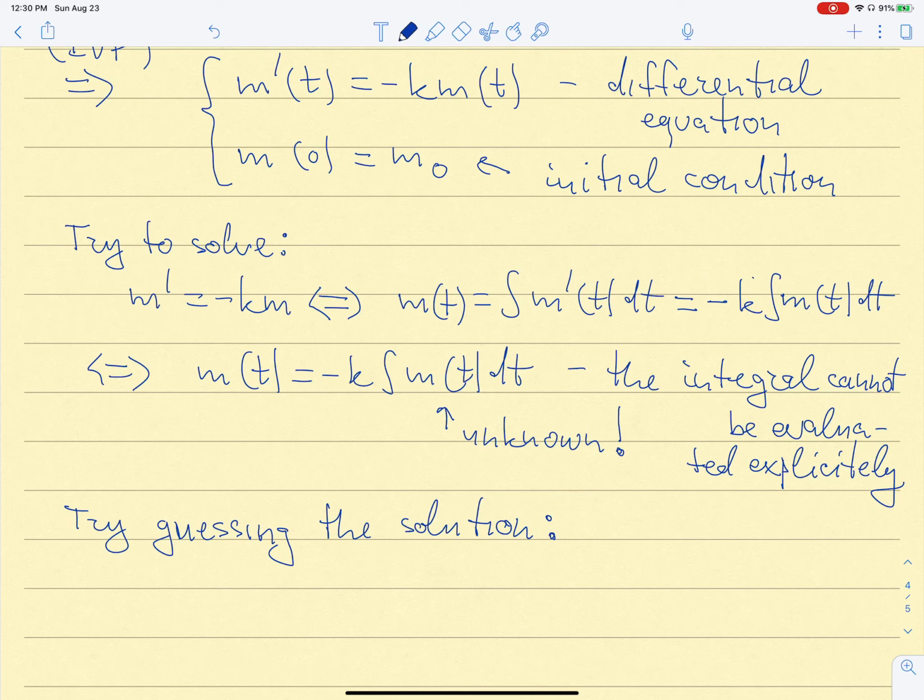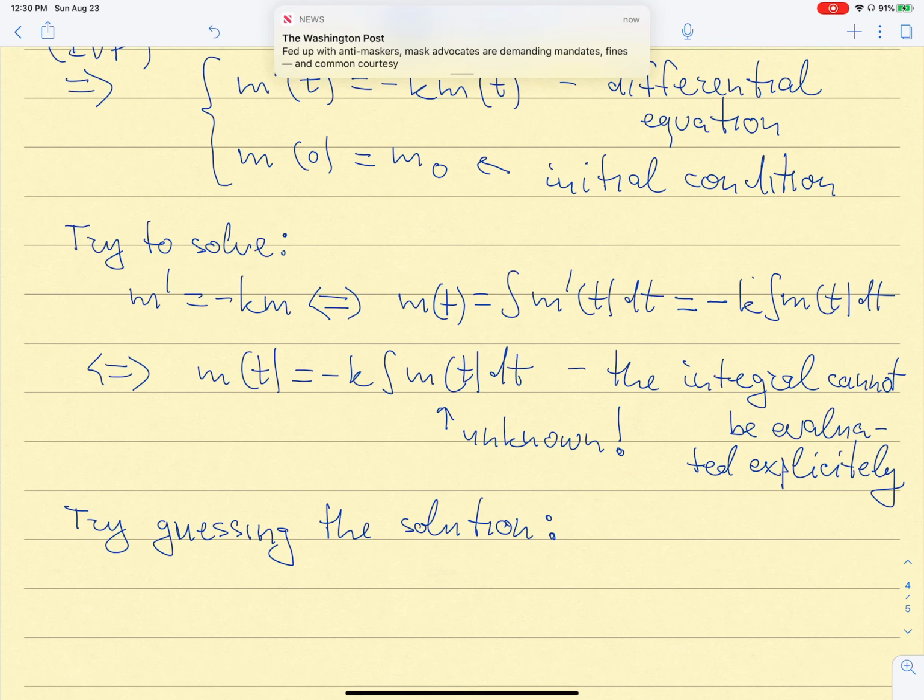We will know exactly what to do when we see an equation like this, but at this point, because I don't know the method of solving, I will simply guess. So what do we guess in this case? We expect that the derivative of m must look like m itself with a factor of minus k in front.